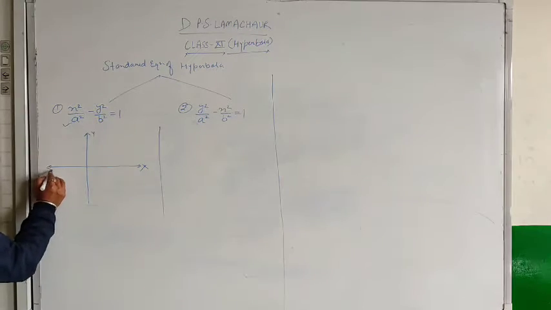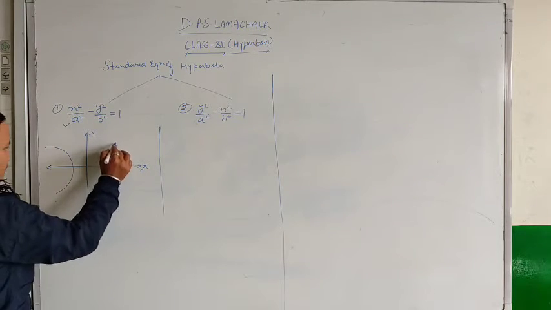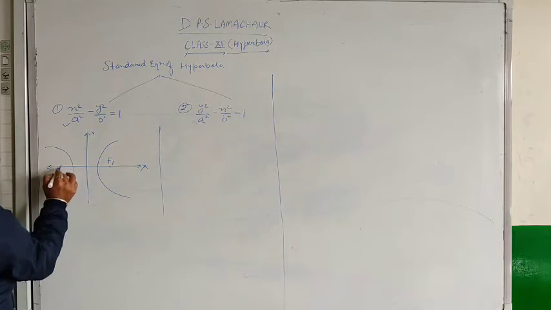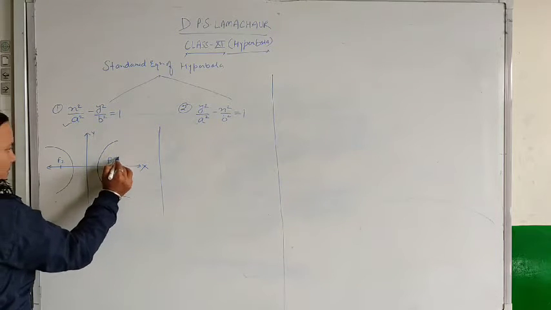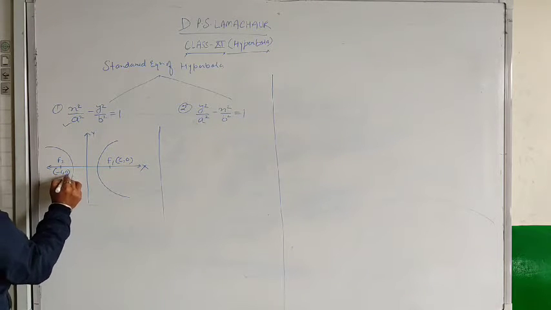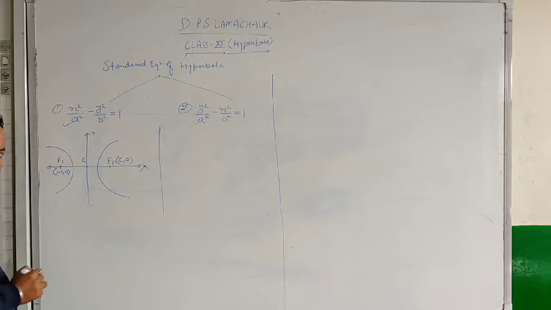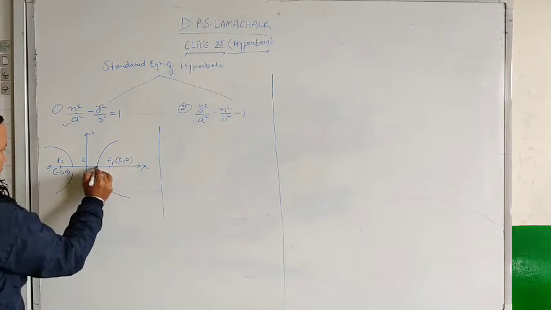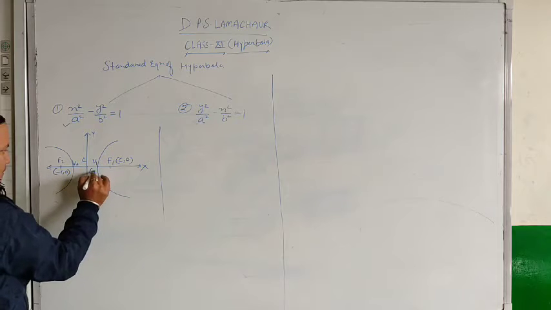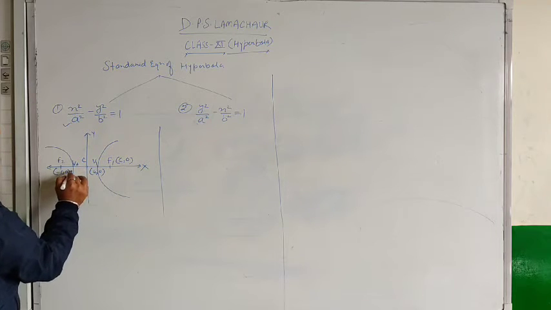So your diagram will be like that. Here is focus f1, here the second focus f2, the coordinates of this one are c comma 0 and of this one minus c comma 0. This will be the center which lies at the origin, this is vertex v1 and this is vertex v2, with coordinates a comma 0 and minus a comma 0, and this is the first kind of hyperbola.